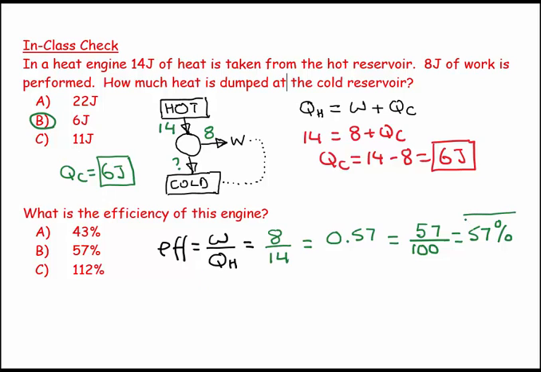So don't get caught thinking that this has to be 0.57%, because it's not. It's just 0.57 of 1 is the decimal of this fraction. 0.57 of 1, which is the same as 57%.